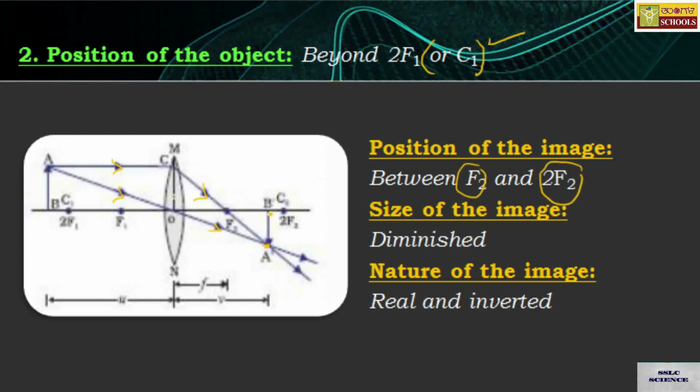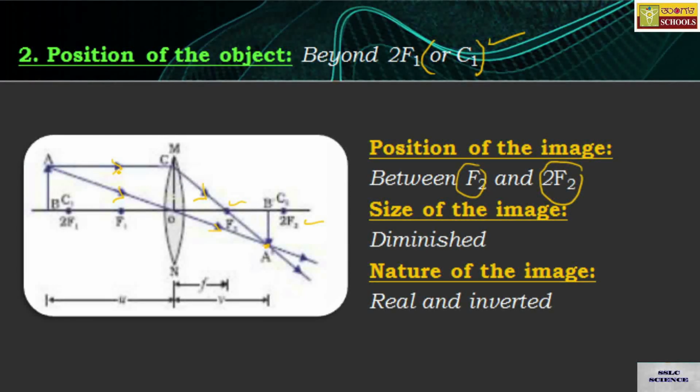So you will have the image at the intersecting point, in between f2 and 2f2. So when you place the object beyond 2f1, you will have the image between f2 and 2f2. The first position was very easy, therefore no problem occurred. This time you need to follow the rules properly.